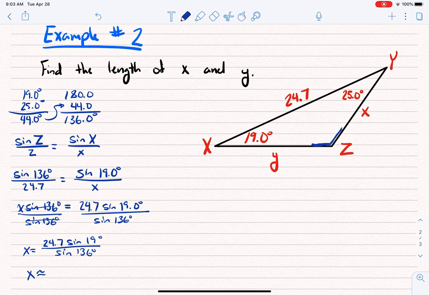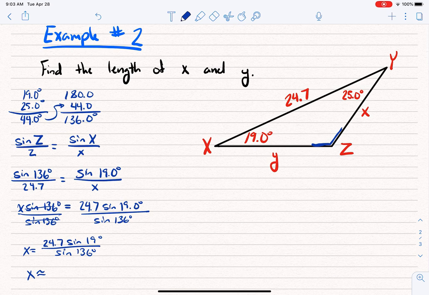So therefore, x is about, and I grab my calculator, 24.7 times the sine of 19 degrees. Now, if you're using a phone as your calculator, you're going to have to do 19 and then hit sine, then multiply by 24.7 and write that number down, then type in 136 and hit sine and write that number down. Then you'll have to divide them.